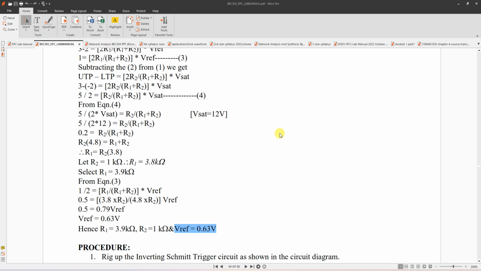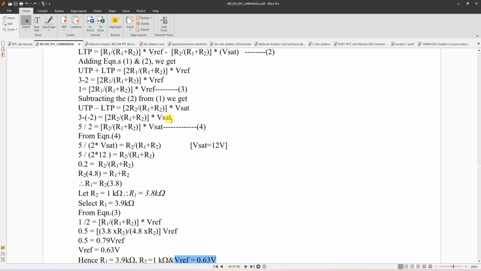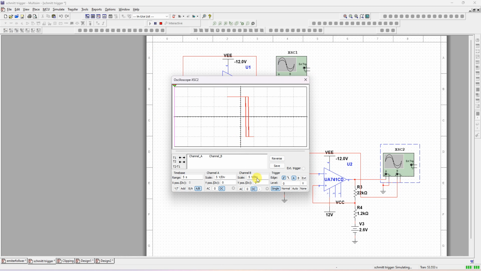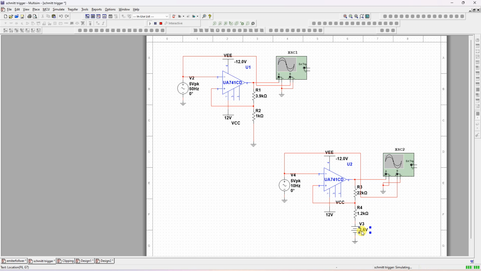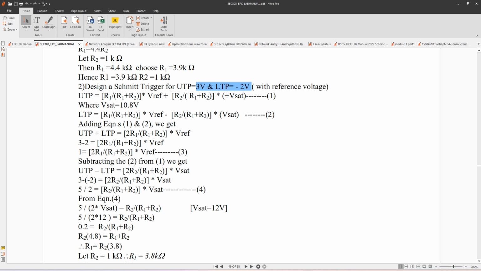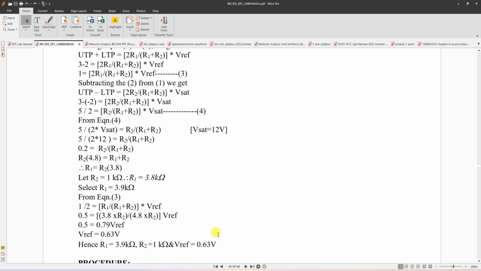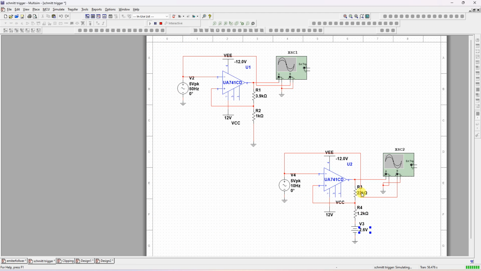And let us check one more design they have. 3.91K. That is for another design. Plus 3 and minus 2. Plus 3 and minus 2 with reference voltage. I am changing this value to reference voltage. How much did we get? 0.63. This is 3.9 only.